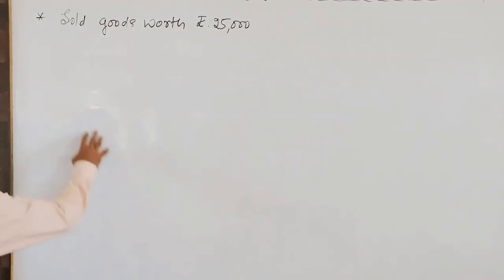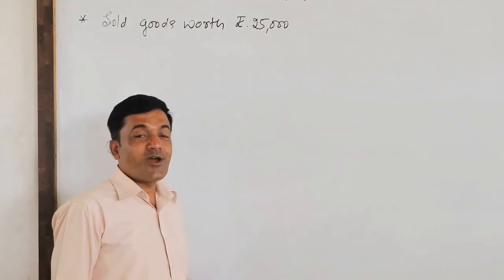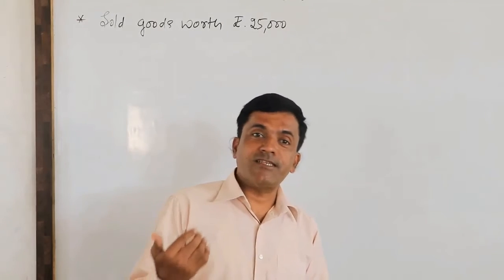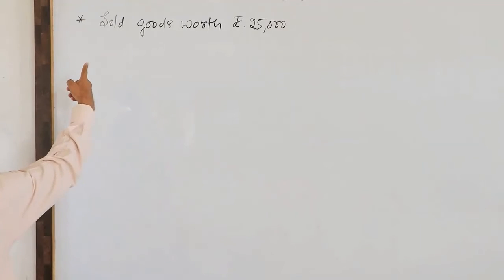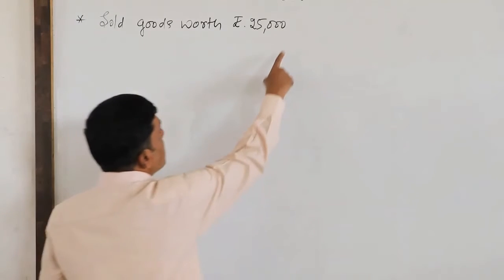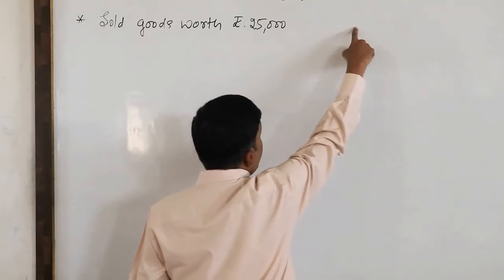Okay, dear students, let us see one more example on the term sales. As you all know, the sales includes both the cash sales as well as credit sales. In the first example, we have recognized this rough book entry as a cash sales. Why? Because they didn't mention the name of purchaser.